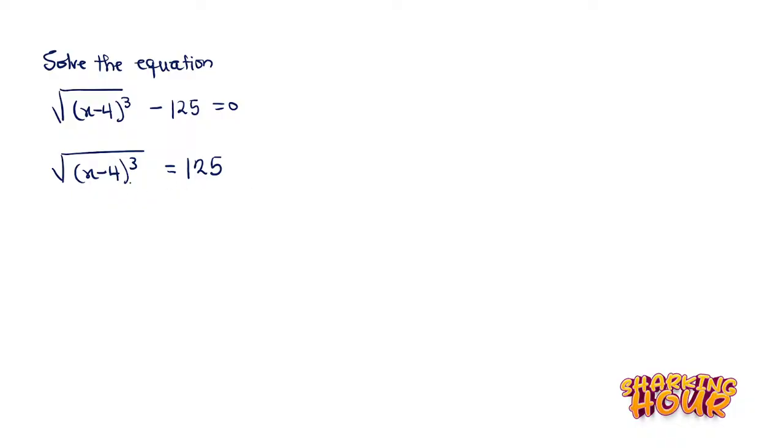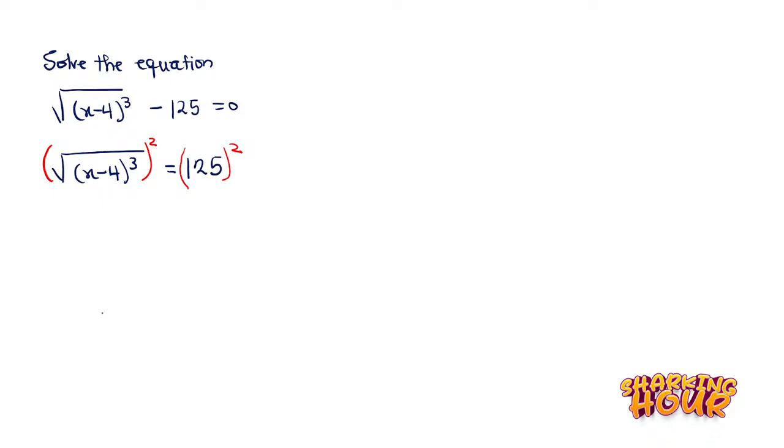Now the next thing I need to do is get rid of the square root sign over here. I can do that by squaring both sides, the left hand side and the right hand side.